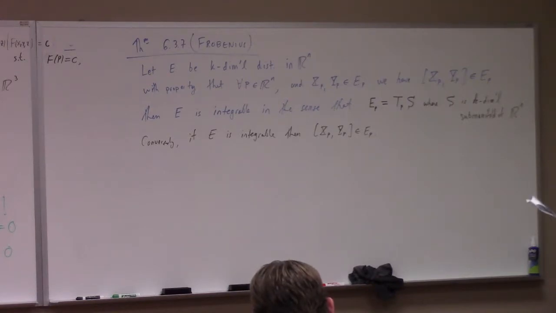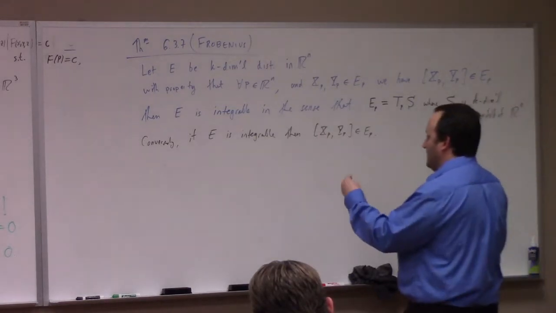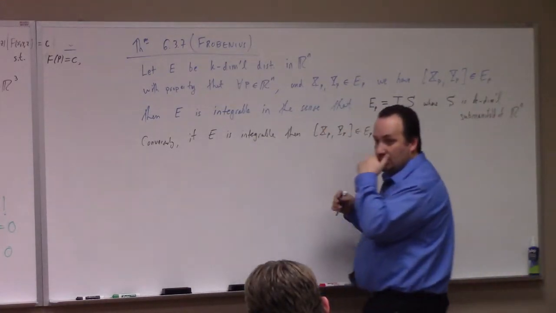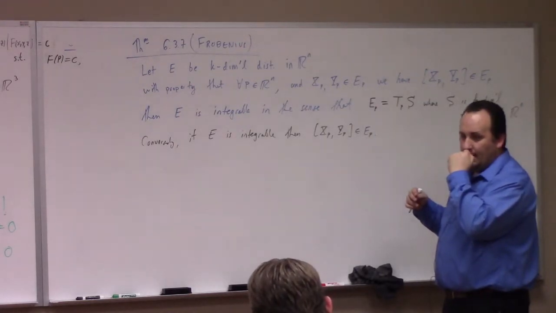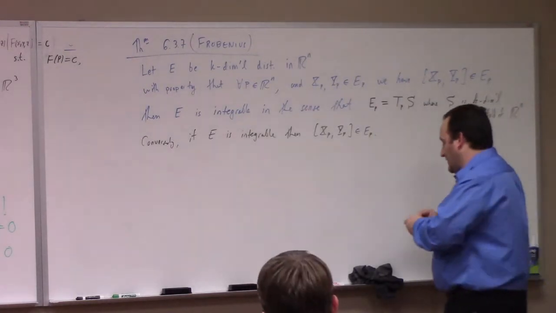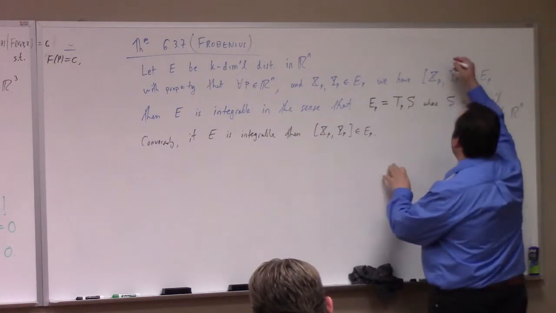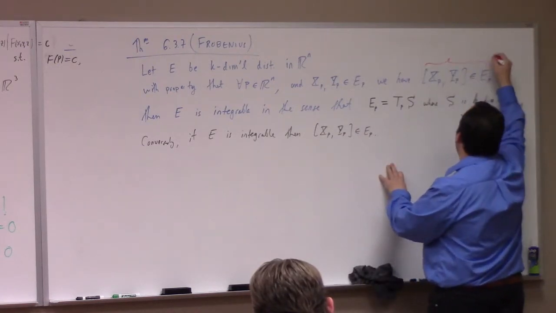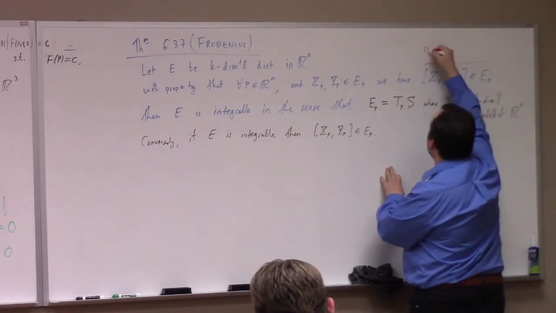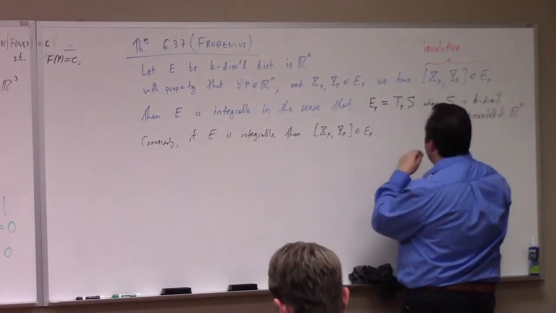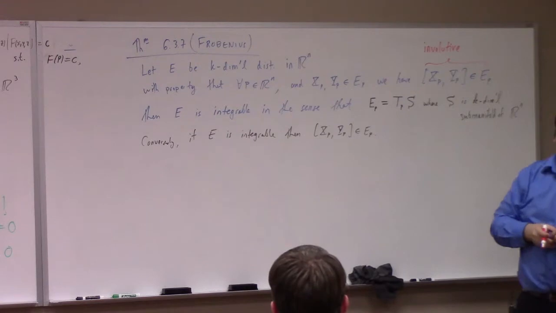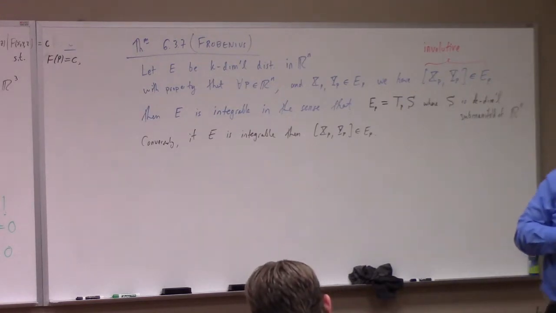So again, integrable means that E appears as the tangent to a submanifold. This condition here is usually called the involutive condition. Involutive means that the bracket of the vector fields closes back in on itself again.